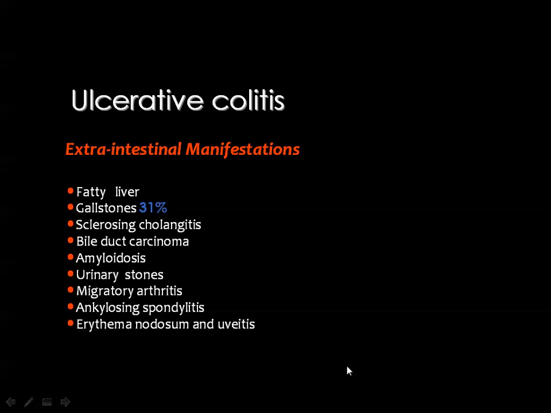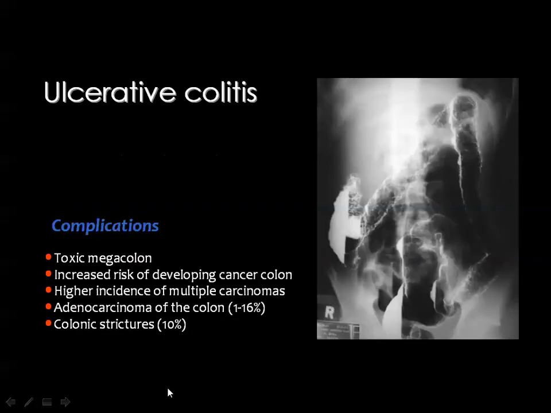As I have said, these are the extra-intestinal manifestations of ulcerative colitis, including fatty liver, gallstones, sclerosing cholangitis, bile duct carcinoma, amyloidosis, urinary tract stones, migratory arthritis, ankylosing spondylitis, and erythema nodosum.